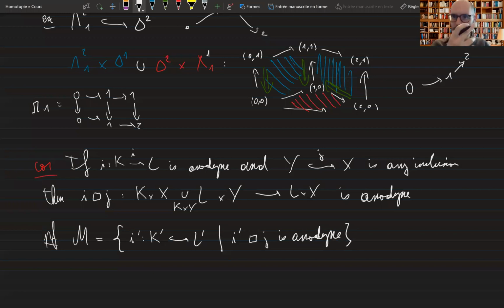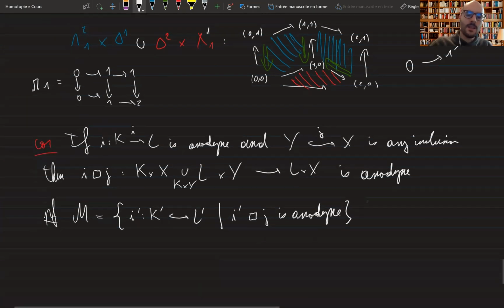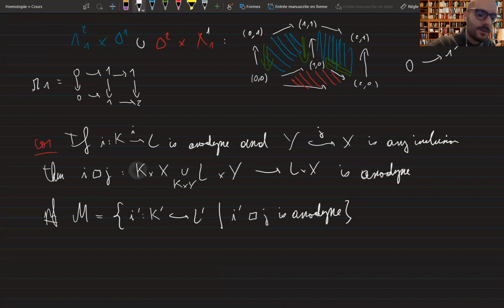Okay, so all monomorphisms, all inclusions, such that the similarly defined map like this is anodyne. Well, I'm going to make two claims. M is saturated. It's not hard to check, but you have to do it. It's stable under push out, pullbacks, and so on.